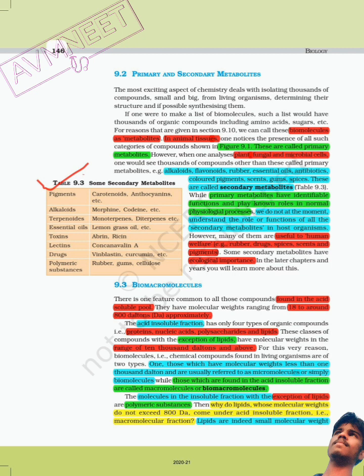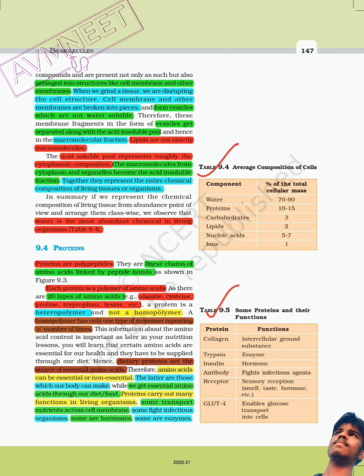Then why do lipids, whose molecular weights do not exceed 800 Daltons, come under the acid-insoluble fraction, that is the macromolecular fraction? Lipids are indeed small molecular weight compounds and are present not only as such but also arranged into structures like cell membrane and other membranes.